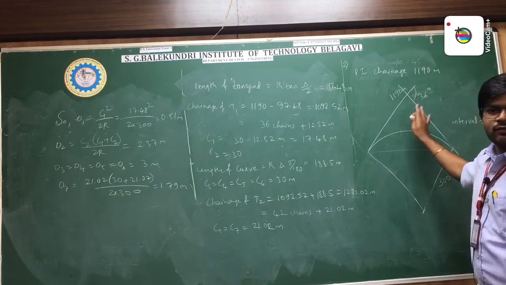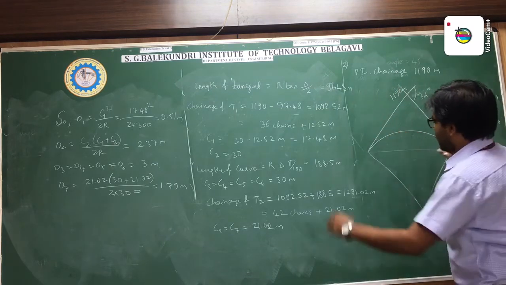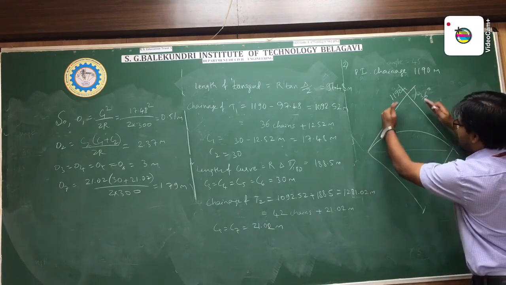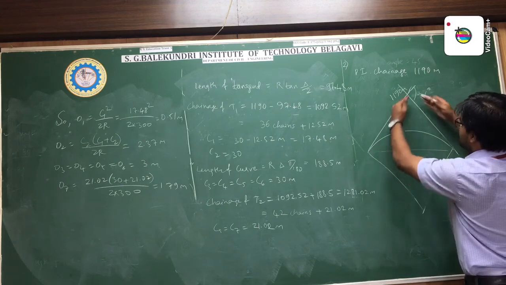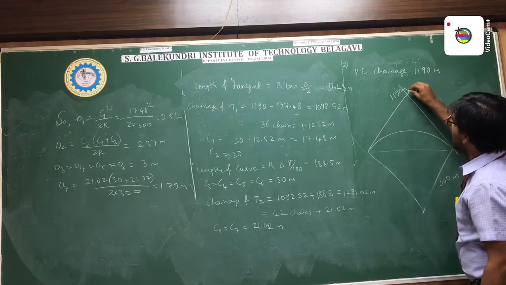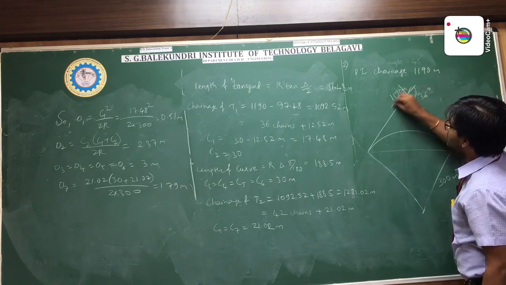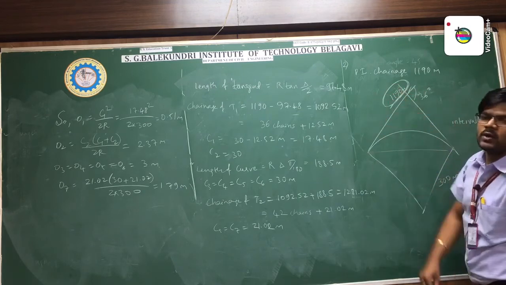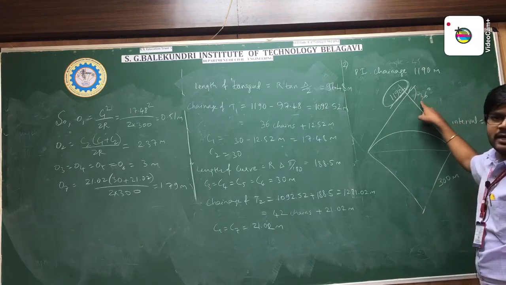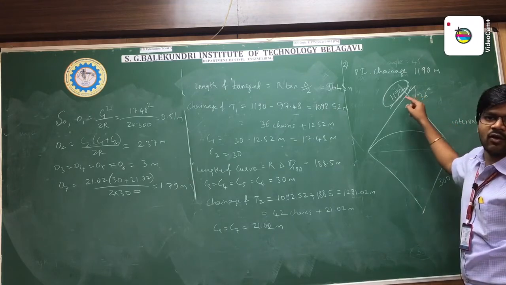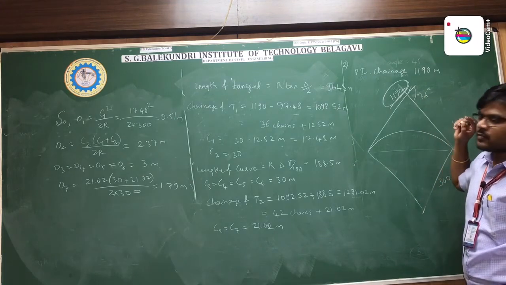The two tangents are extended and meet at one point, and this point of intersection has a chainage of 1190 meter and a deflection angle of 36 degree.